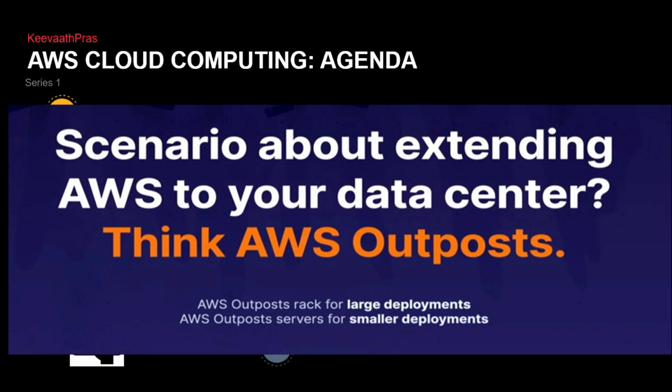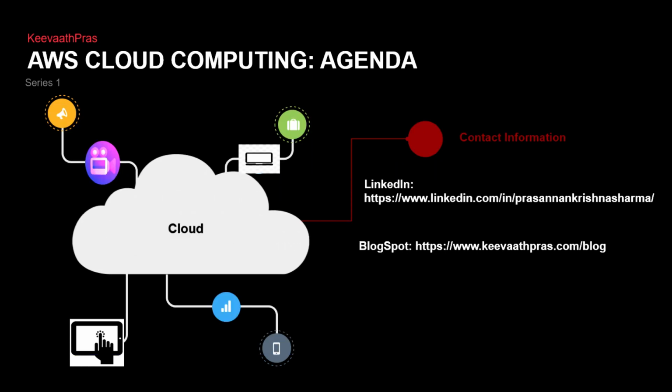So Outposts is bringing the AWS itself into your data center, into your private space. You use an AWS Outpost rack for large deployments, and servers for smaller deployments.